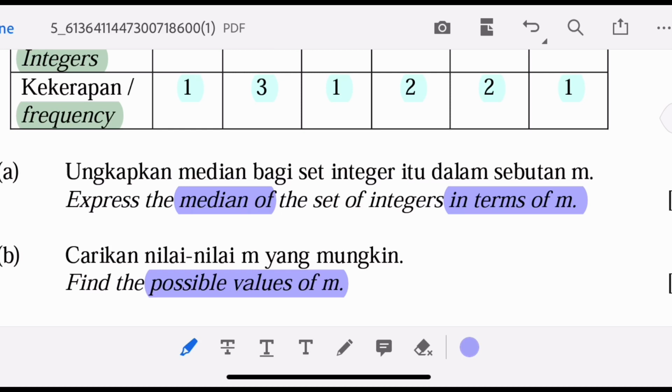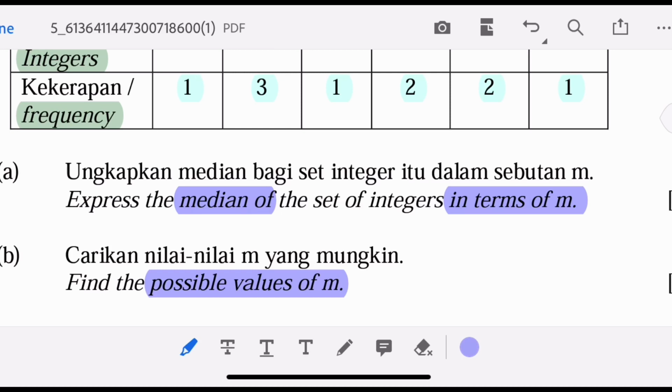We will find the median of the set of integers in terms of m, before we solve for the value of m in section B, right? So let's figure out how to express the median of the set of integers in terms of m.